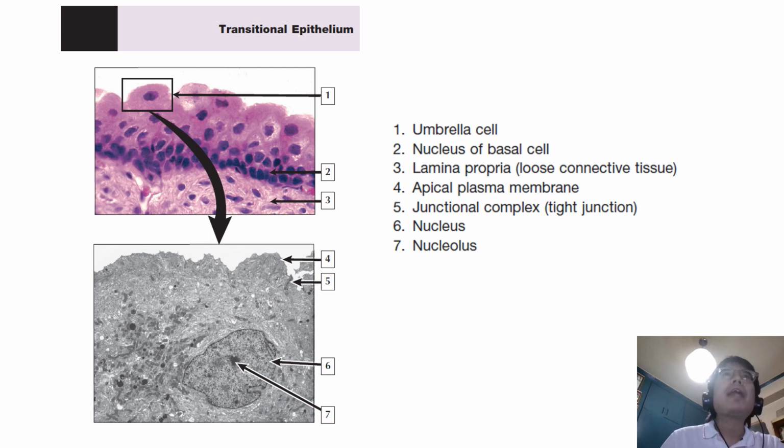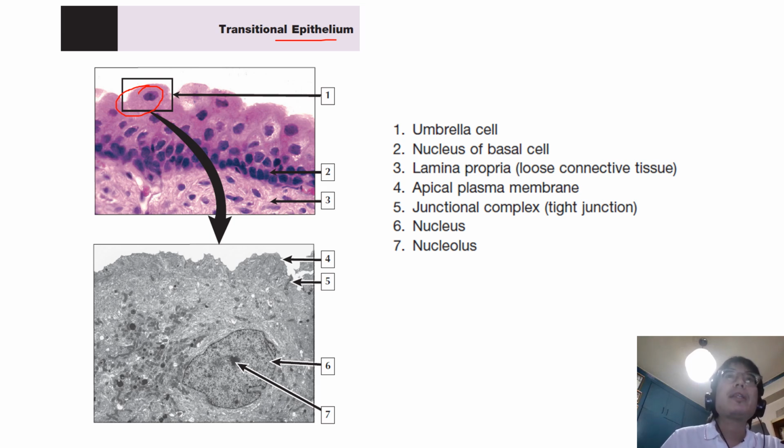Finally, our final type of epithelial layer, the transitional epithelium, also called the urothelium. Dissecting first the different parts labeled here, this is an umbrella cell, which is found only in transitional epithelium. Below it, the different nuclei of the basal cells of the transitional epithelium.